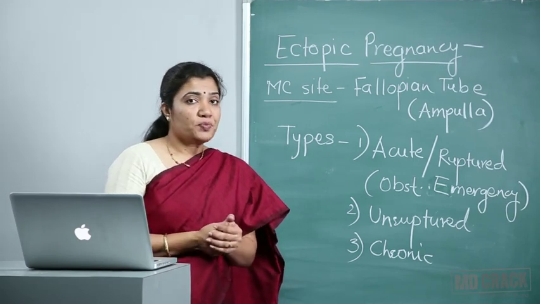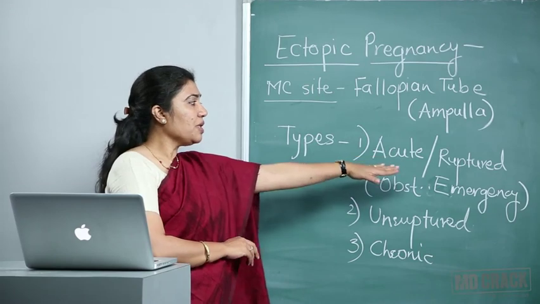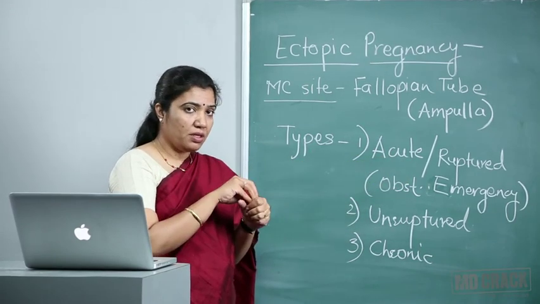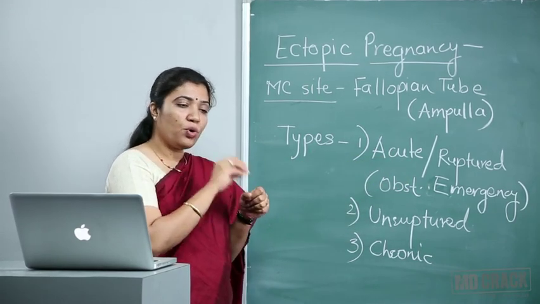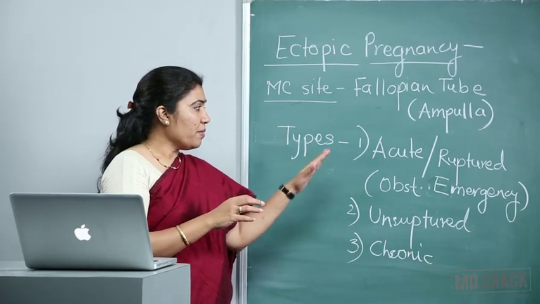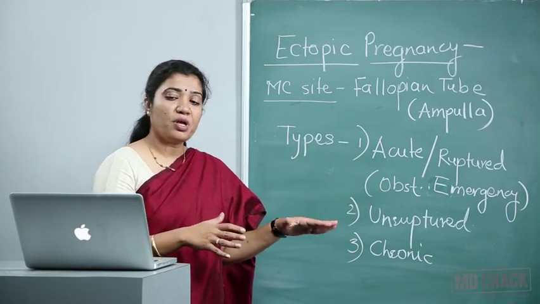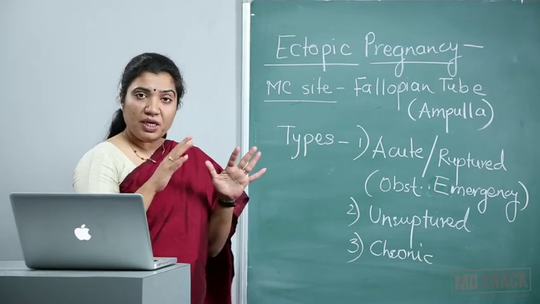Now let's see what the types of ectopic pregnancy are. Acute means ruptured ectopic: an ectopic in the fallopian tube or anywhere, and the organ has ruptured. You can imagine that this is an obstetric emergency. This is an adrenal rush phenomenon where the patient can be in shock.